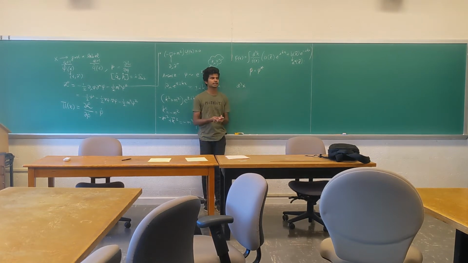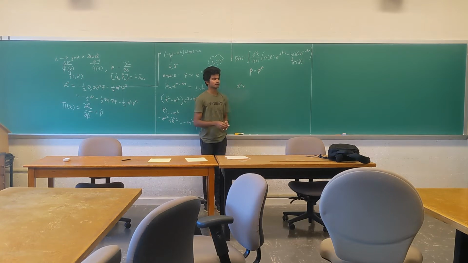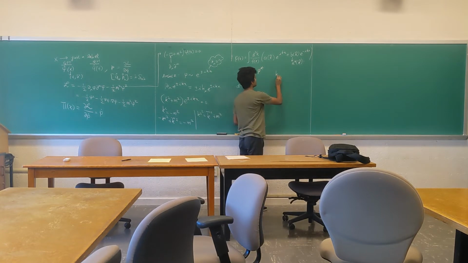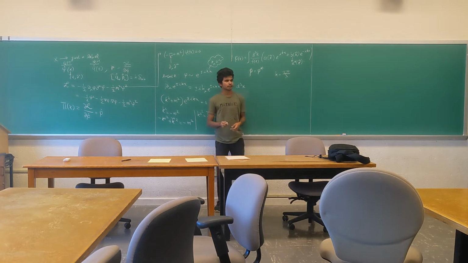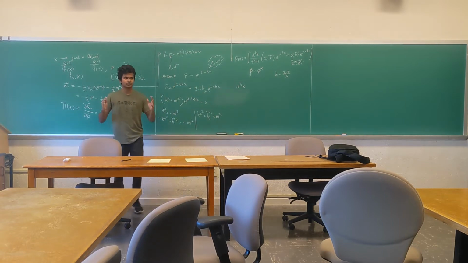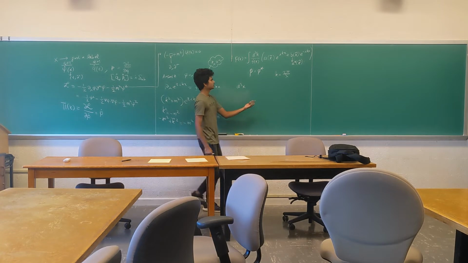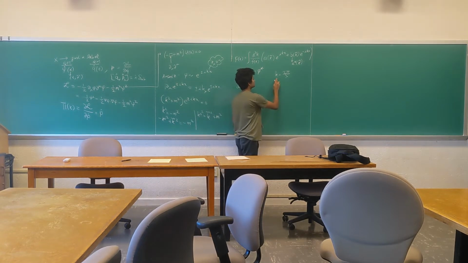What is k? p is h bar k, and k is proportional to 1 over lambda. These are the de Broglie relations. When you change to a moving frame, lambda shrinks. The magnitude is what is lambda.